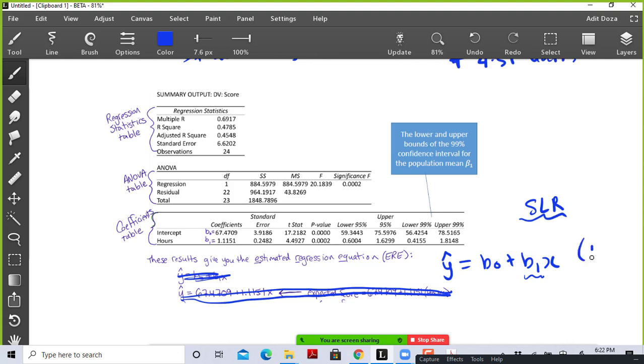Because beta 0 is this one, I can write y hat equals 67.4709, and beta 1 is positive 1.1151x.